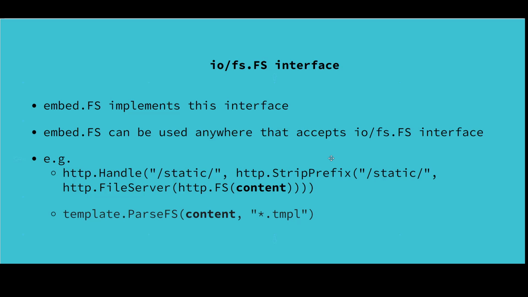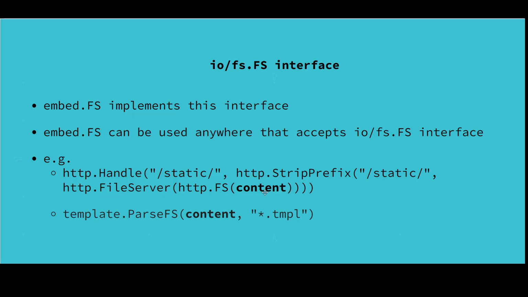The embed.FS type implements the fs.FS interface, which is in the io/fs package. So basically, you can use embed.FS wherever it accepts the fs.FS interface. Examples are, when serving in an HTTP server, you can do a file server.